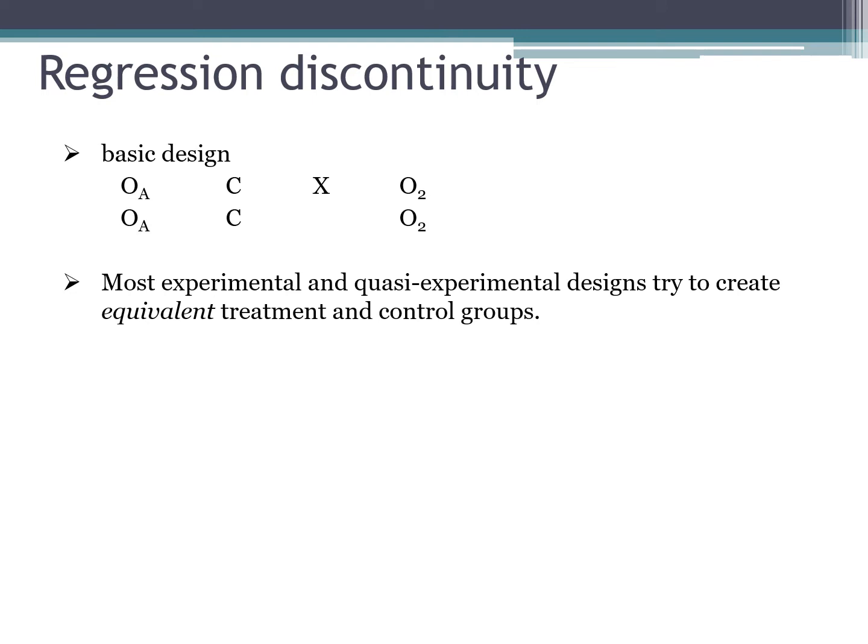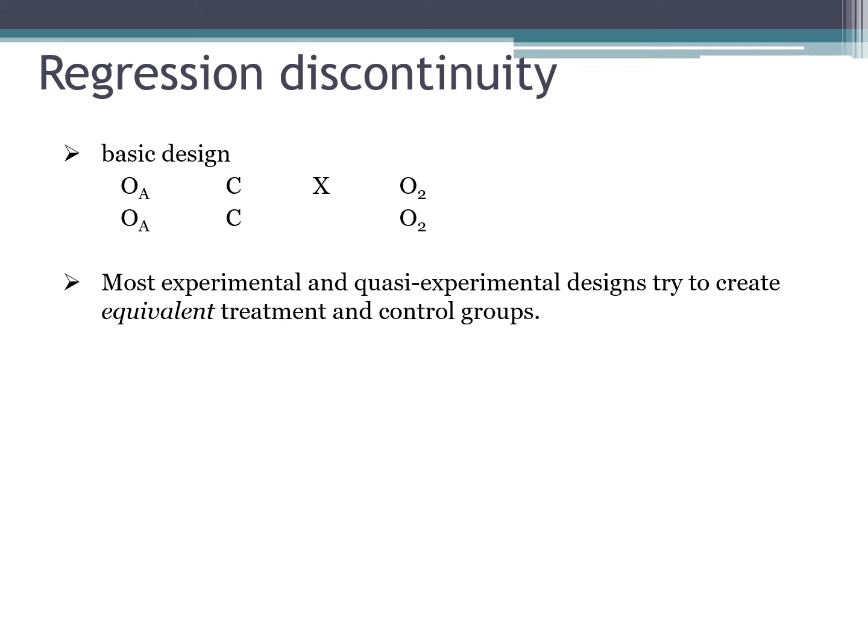Now, I want to start by talking about how this method is different than other methods that we've talked about before, and that will help us understand how the method works in general. As you know, the key to most experimental and quasi-experimental designs is trying to create two groups, a treatment and a control group, that are as equivalent as possible in the pre-treatment period.